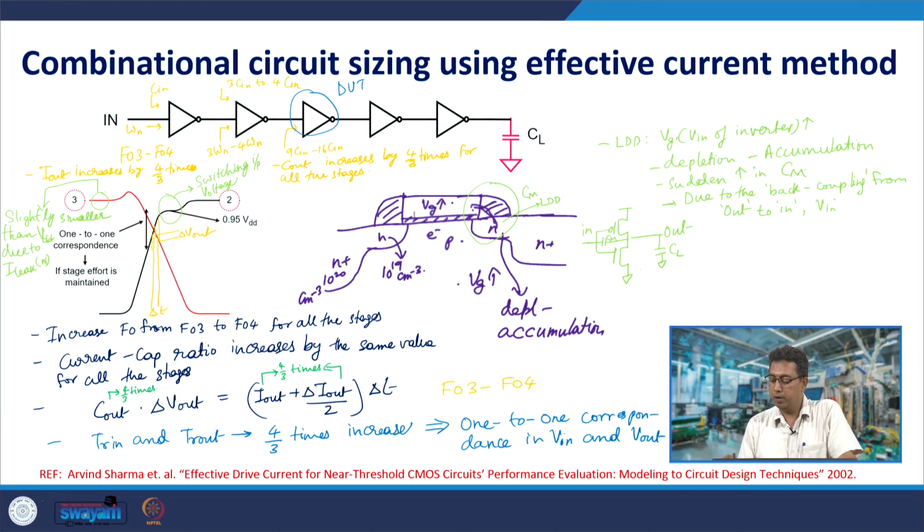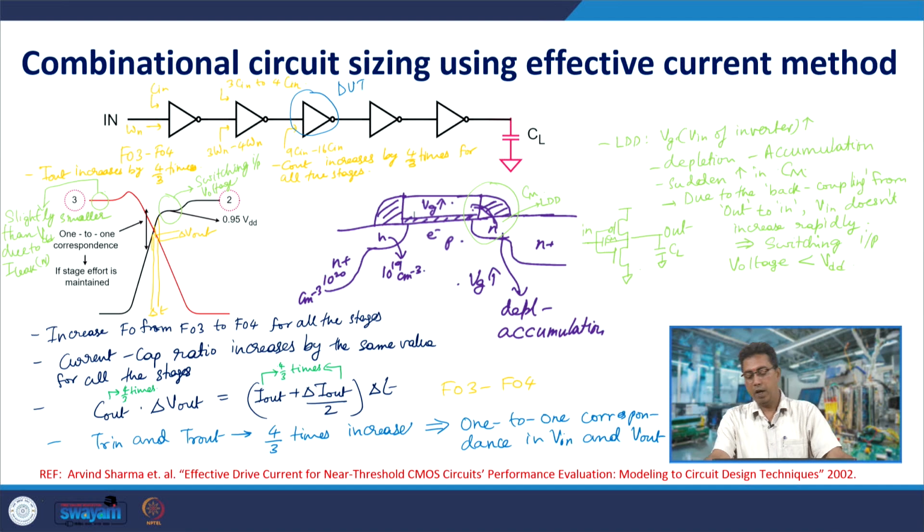V in does not increase rapidly, and this is what results in this switching input voltage which is smaller than VDD.